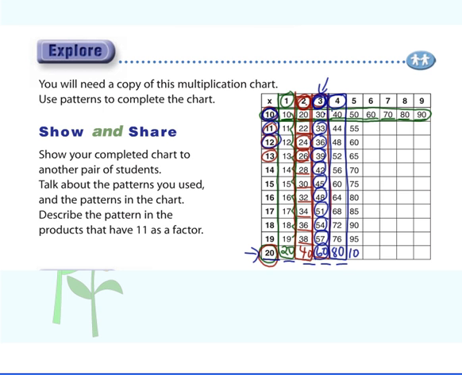So the next one will be 100, 120, 140, 160, 200, which makes sense because 9 times 20. Oops, good thing I checked. 160, 180. Because 20 times 9 would be 180. Good thing we checked and double-checked there.